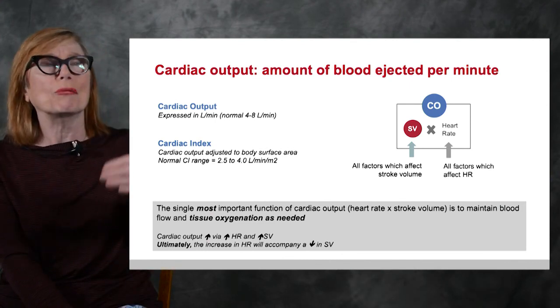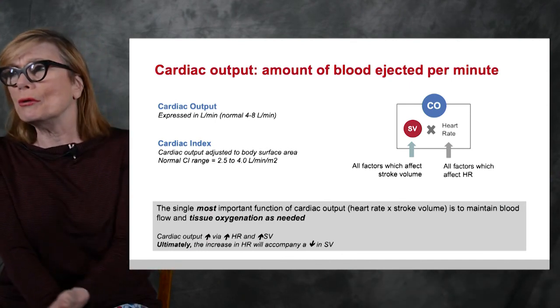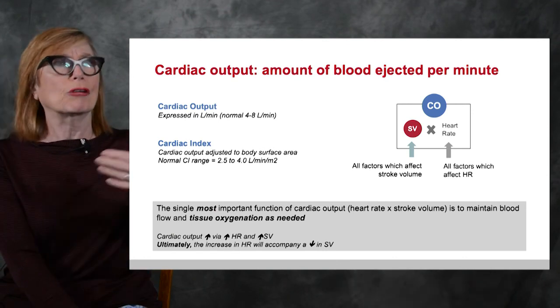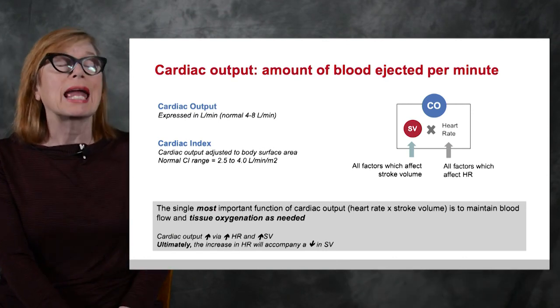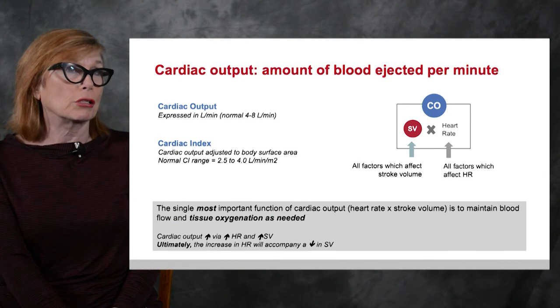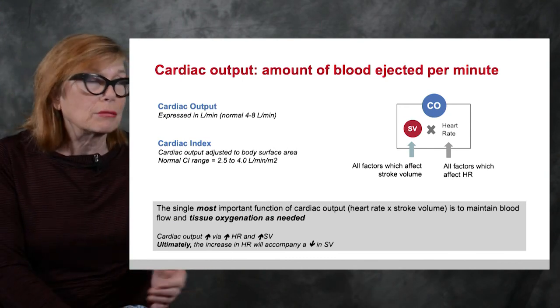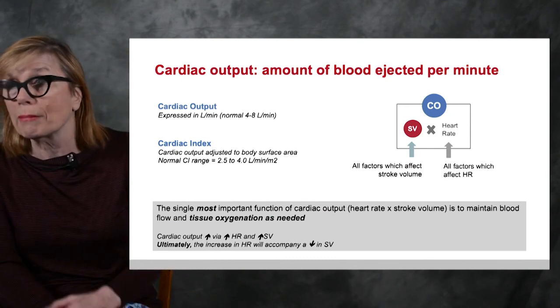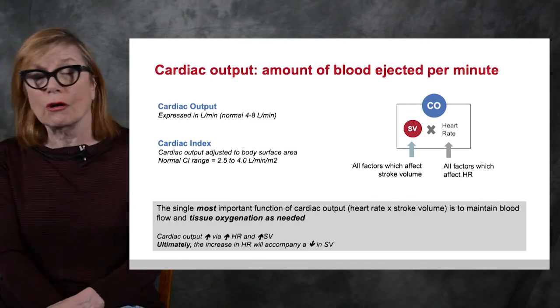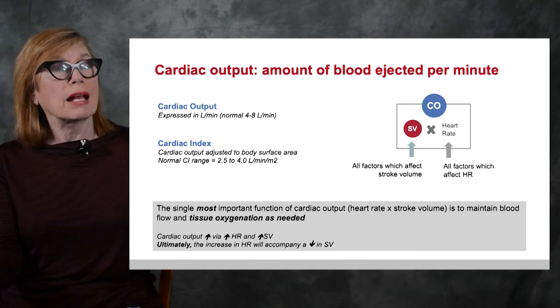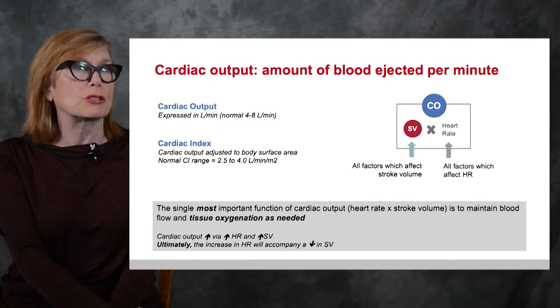Cardiac output is heart rate times stroke volume. So you know that if the heart rate goes up, your cardiac output will be greater even if the ventricle is inefficient. And in fact, a lot of times the heart rate goes up to compensate for a failure of ventricular efficiency. That's a really important concept for us to appreciate.